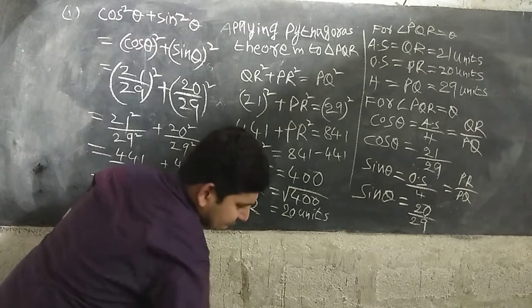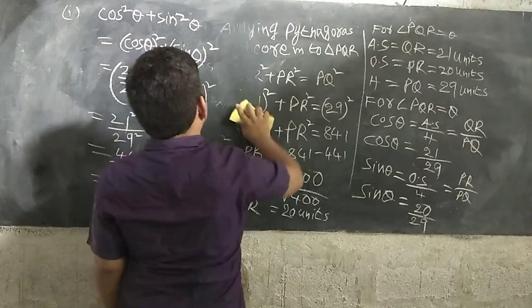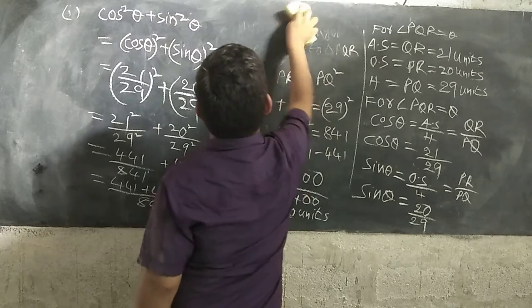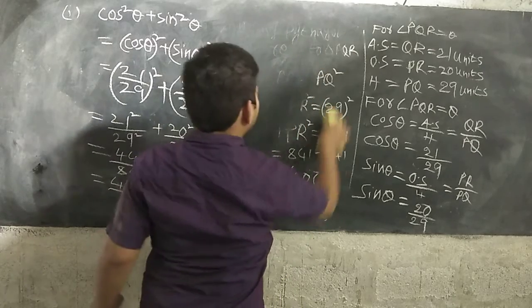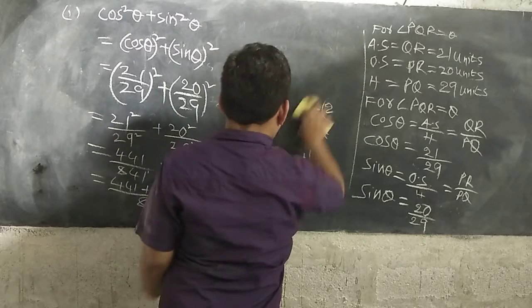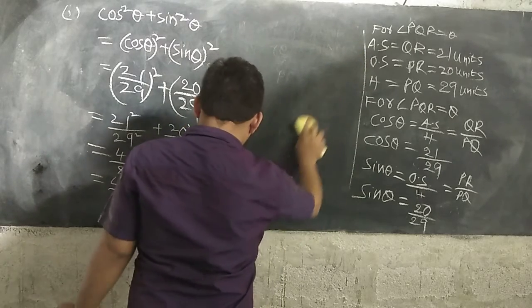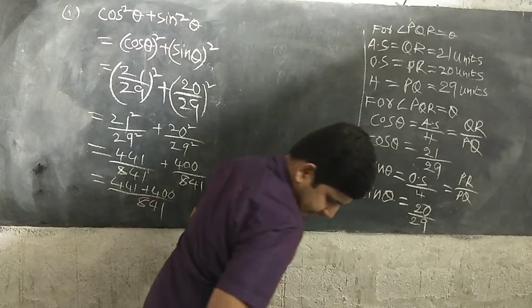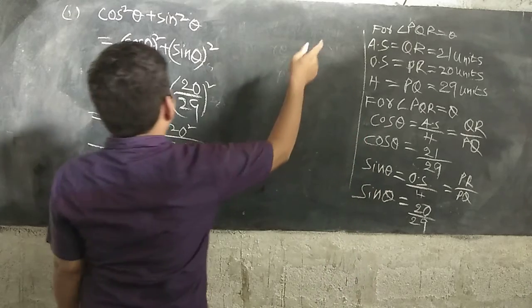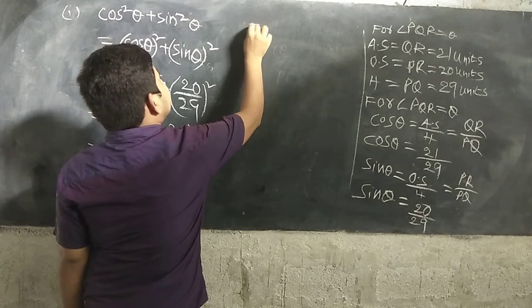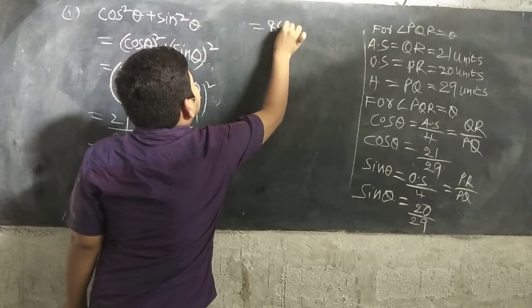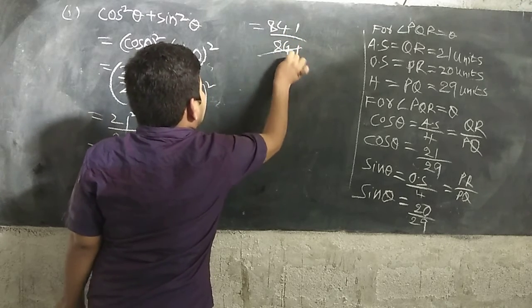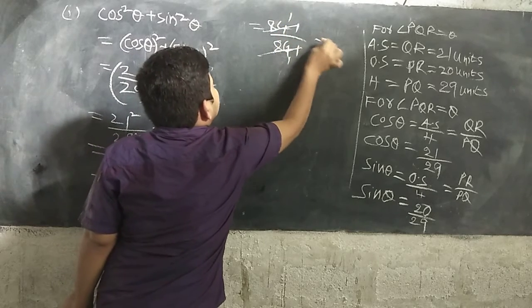We have to add 441 plus 400, which equals 841. So 841 by 841, 841 cancels, equal to 1.